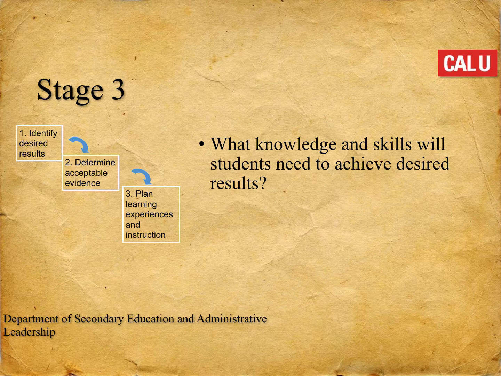In stage three, this gets to your pedagogy. How will you get your students to be able to do what you have decided is important enough for them to do and know, and also teach them in a fashion where what you're teaching them lines up with how you're assessing them, so that you're not teaching them to list things if you are then going to ask them to write a 5-paragraph essay persuading somebody about which side of the Civil War they should have fought on.